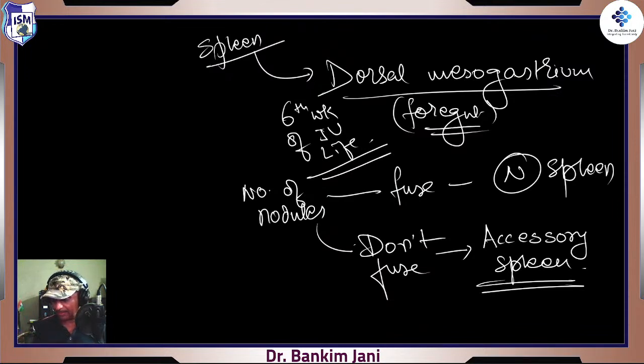But then the big boss has gone, yet his chelas, those accessory spleens, are still there. They will keep on breaking the RBCs. That is where the importance of accessory spleens comes into the picture. You need to figure out whether they are present.